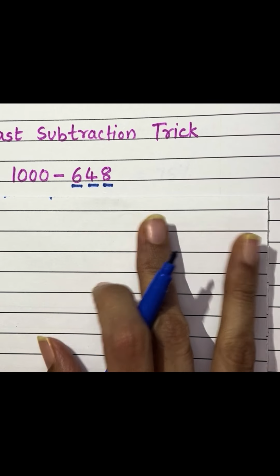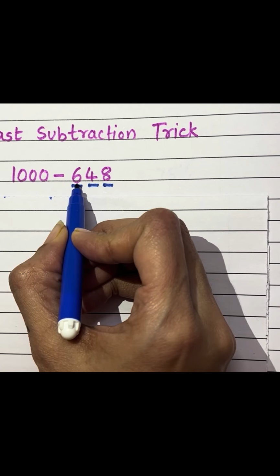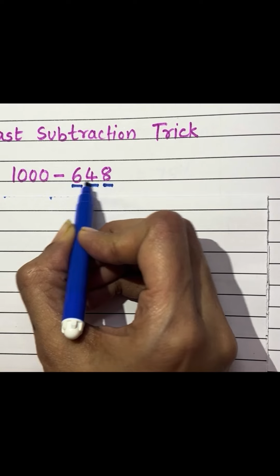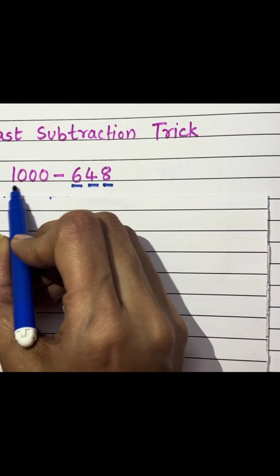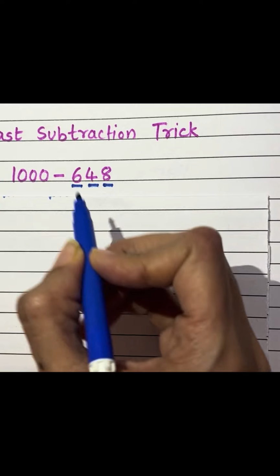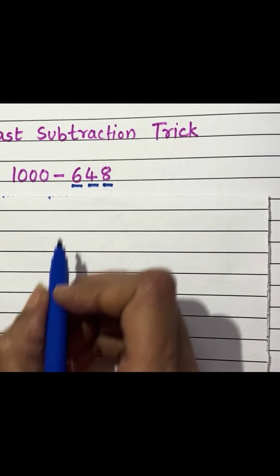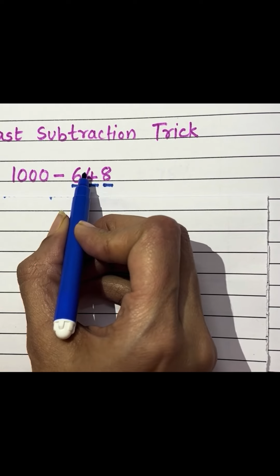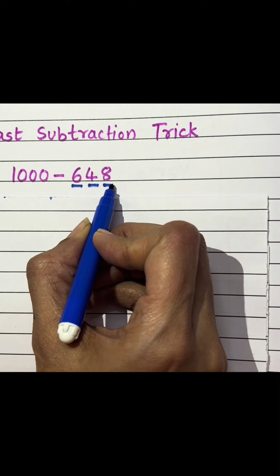Now let's have a look at this hack, fast subtraction trick. Look at one example: 1000 minus 648. Now 648 is a 3-digit number, 1000 is a 4-digit number. We are going to subtract each digit from 9 except the last digit.